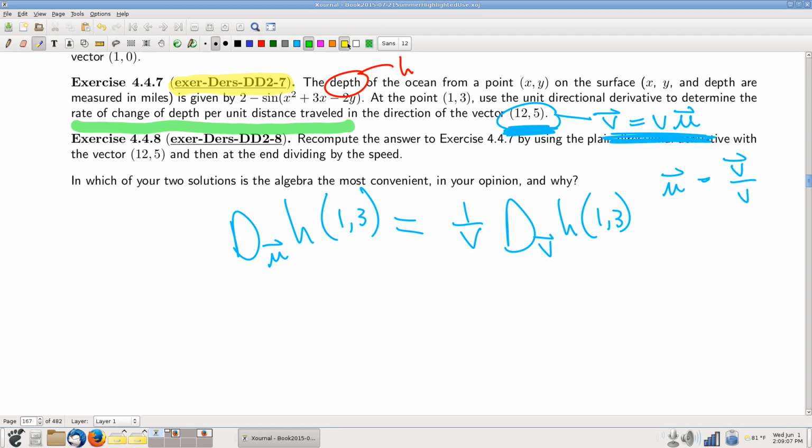And so that vector comes out of that fact. Does that make sense? Yeah. Okay. So conveniently, this expression is going to be easy to compute because the vector has integer components.